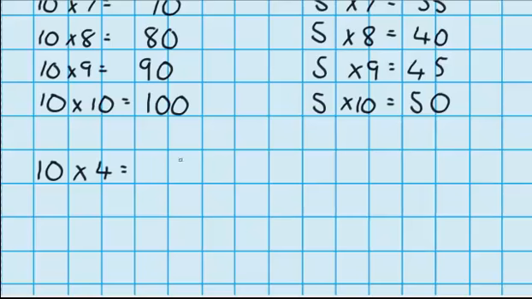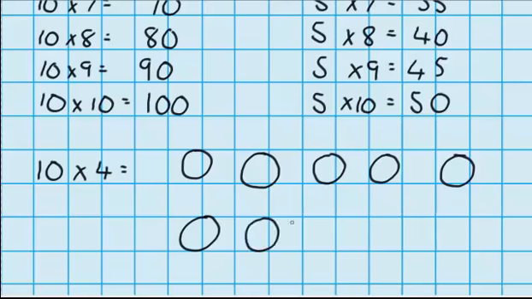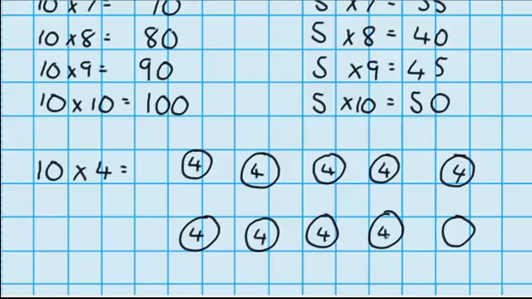So I'm going to draw out my 10 groups now. 1, 2, 3, 4, 5, 6, 7, 8, 9, and 10. And inside those groups I need my 4 counters. And if you added all of those up or used your multiplication, you'd know that 10 times 4 is 40.